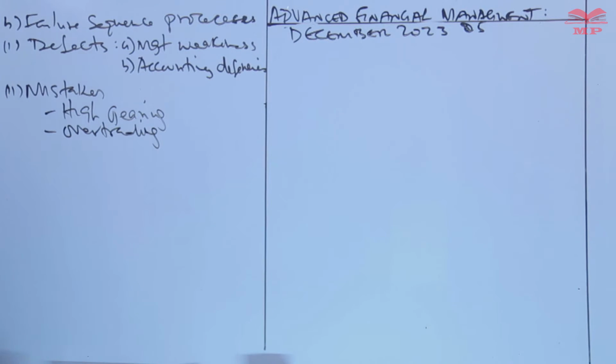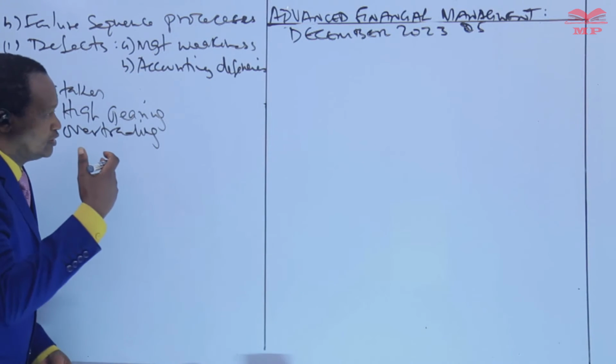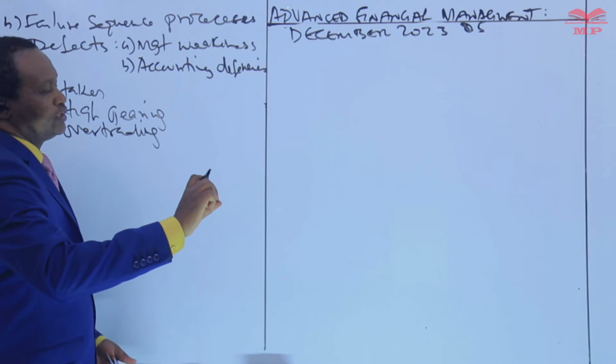It's all about expanding too rapidly without sufficient resources or controls, which then strains cash flows, and there could also be a strain on the operations of the company.